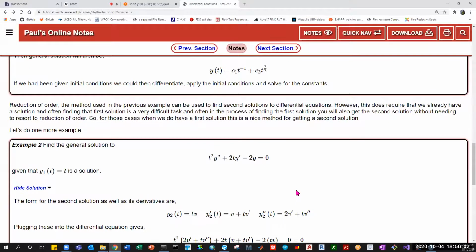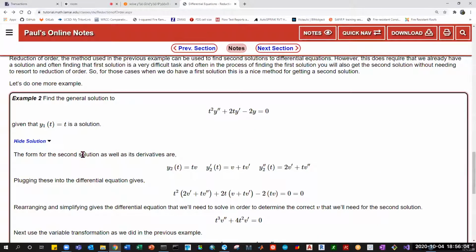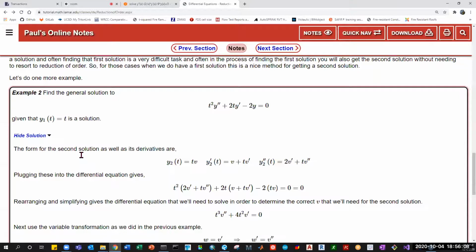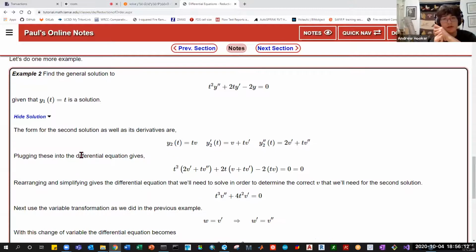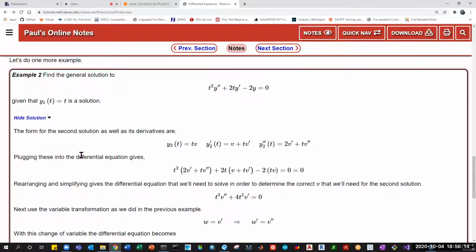Do you want to do another one? I don't know. What do you think of the steps for this one? It's a lot of steps. It's a little weird though, right? I would say the constant coefficients is the most common thing you're gonna find, and that one makes sense, right?